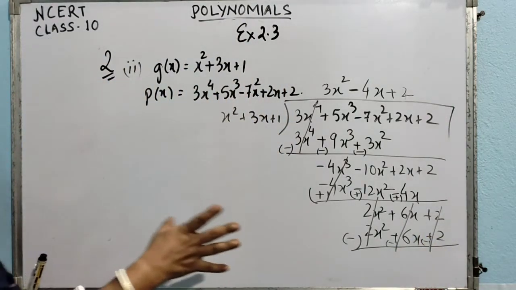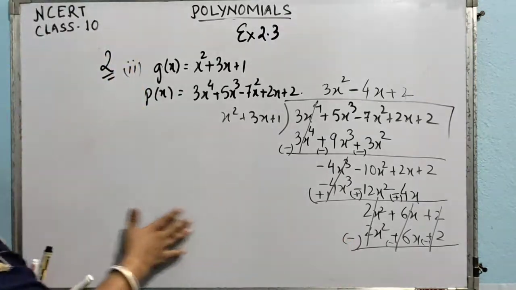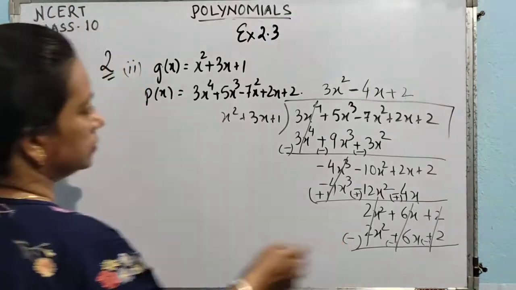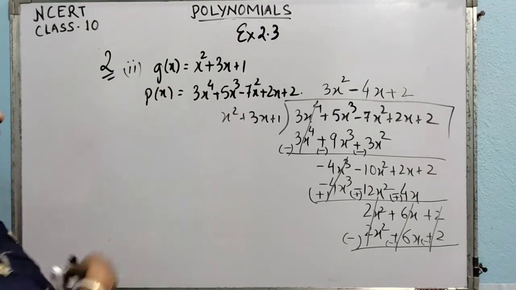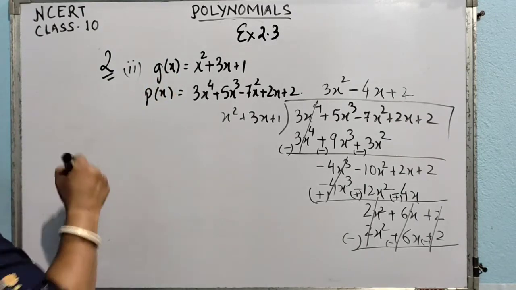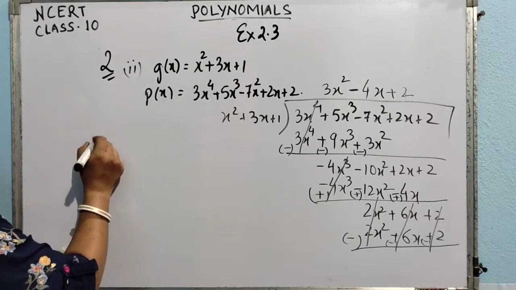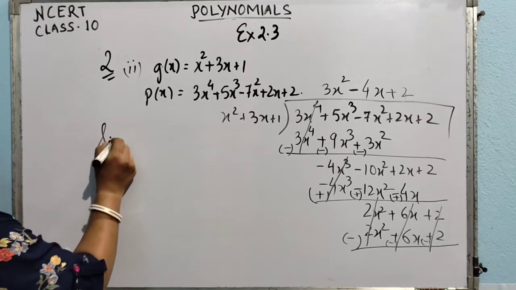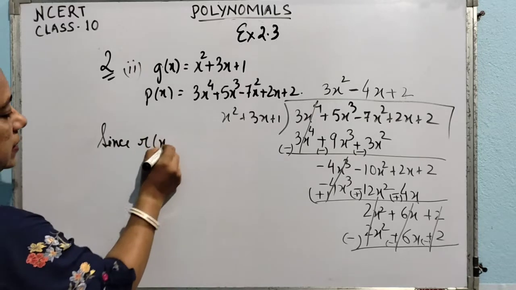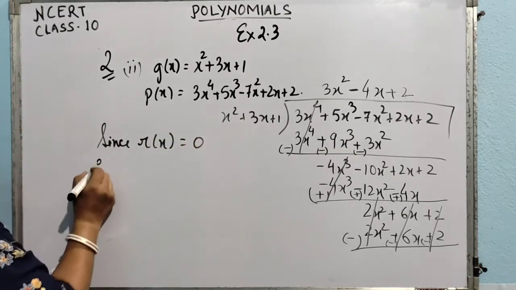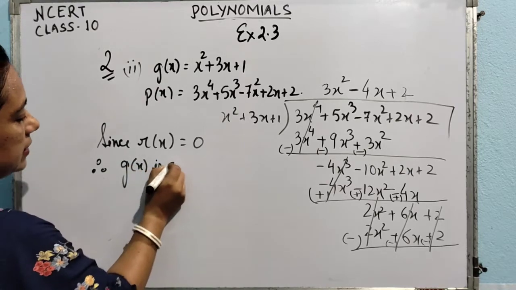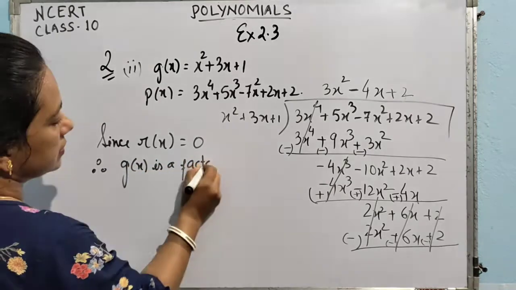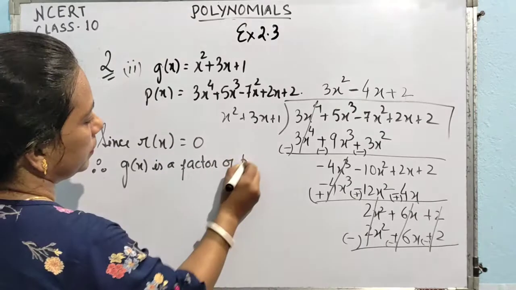Now since the remainder is 0, by factor theorem we got that remainder is equal to 0. Hence we can say that definitely g of x is a factor of p of x. Okay, so you will just write since r of x is equal to 0, therefore g of x is a factor of p of x.